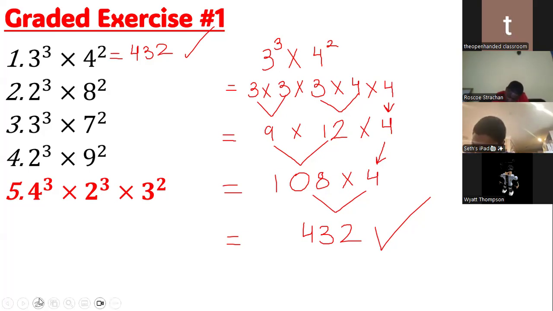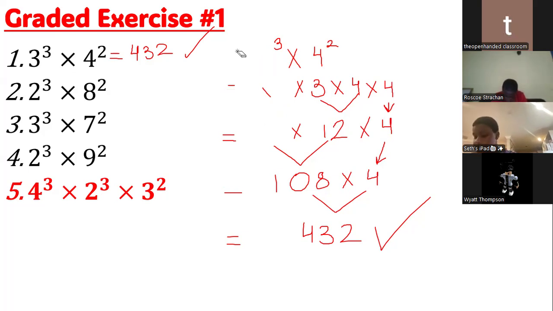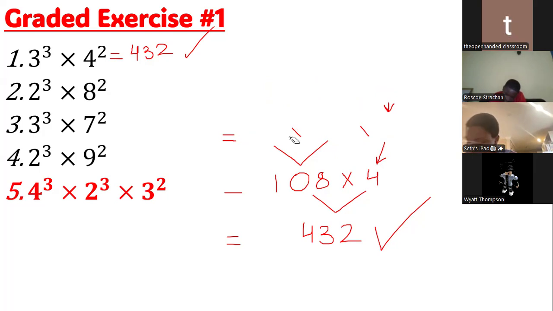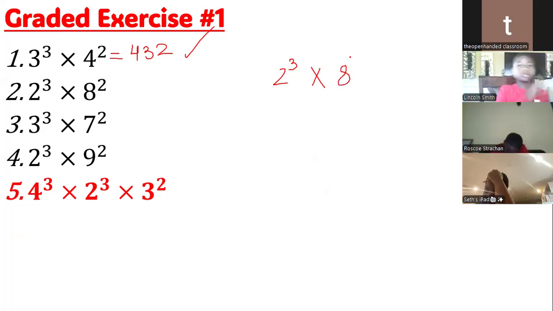Class, let's go on to number 2. So for number 2, we have what? We have 2 to the third power multiplied by what? 8 to the power of 2.